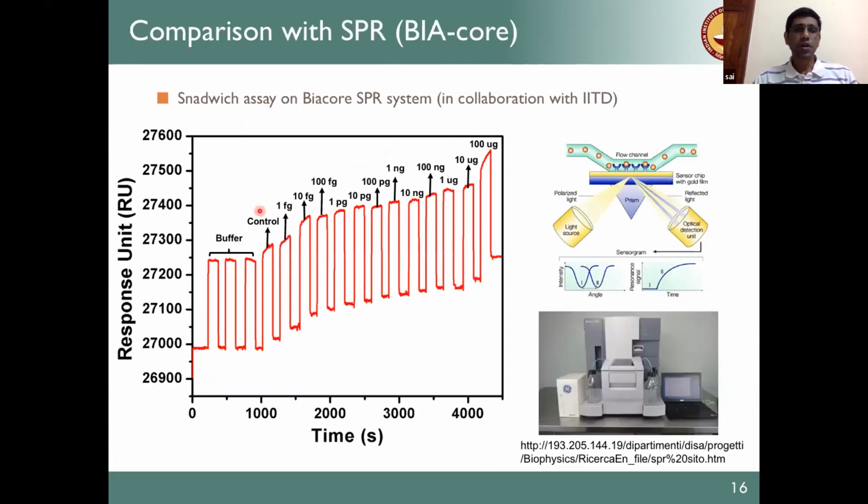Further, to confirm whether what we are getting is real or not, we used similar volumes to see whether the Biacore SPR system is able to detect these concentrations. Yes, it does, because it's a very highly sensitive system.